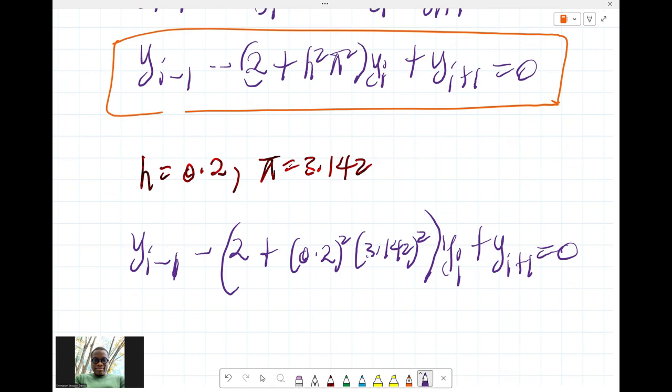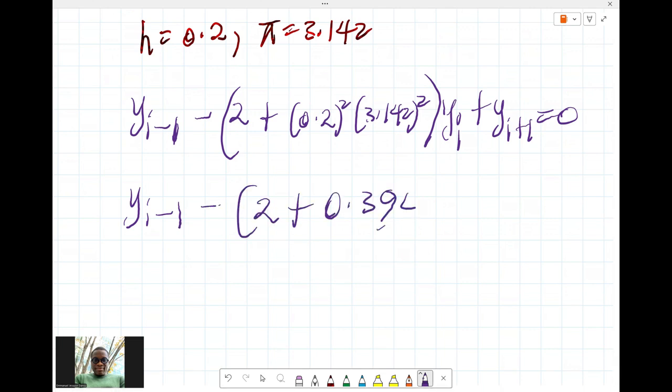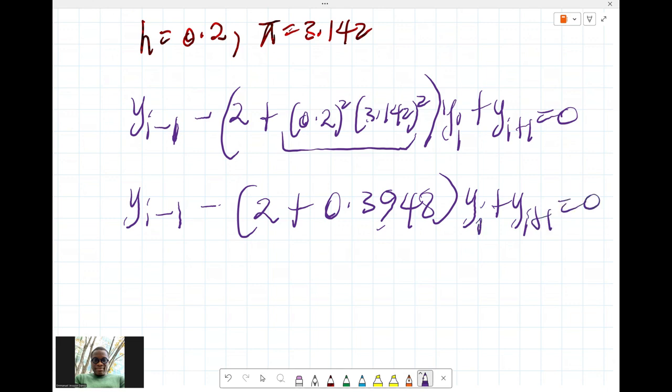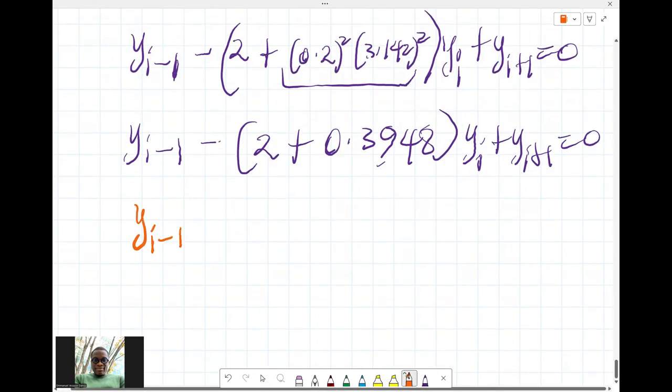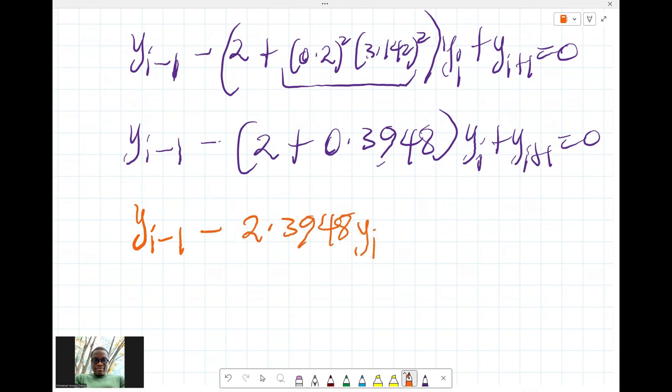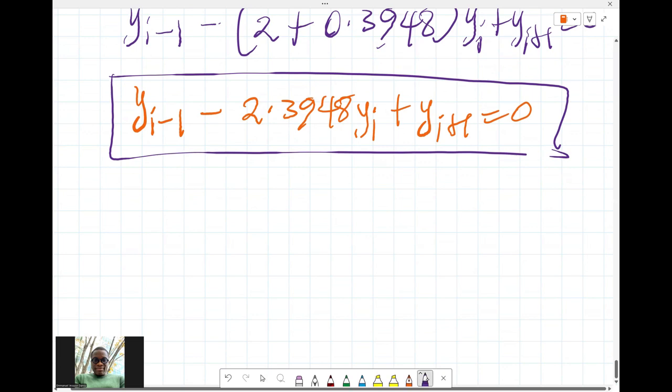So we have y_{i-1} minus 2 plus 0.3948, times y_i, plus y_{i+1} equals 0. Let me just continue with this now. So we have y_{i-1} minus 1.6052 y_i plus y_{i+1} equals 0. So we have this system to contend with as we set up the linear system. So let's move on to talk about that.